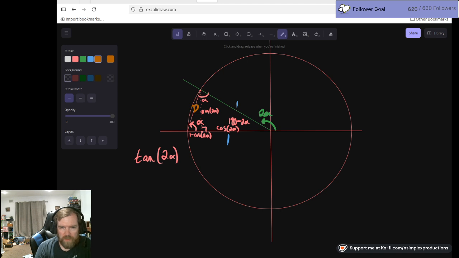Okay. Tangent of 2 alpha is going to be equal to the sine of 2 alpha over the cosine of 2 alpha. We know that.